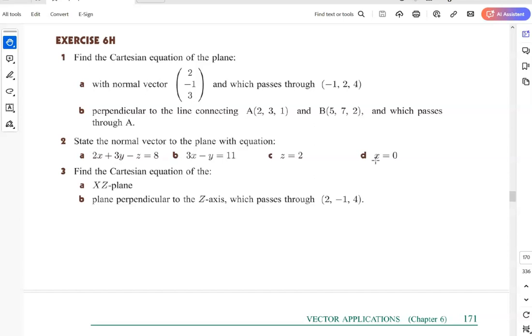Find the Cartesian equation of the XZ plane. Well, hang on. We want the equation. So let's think about our XZ plane.